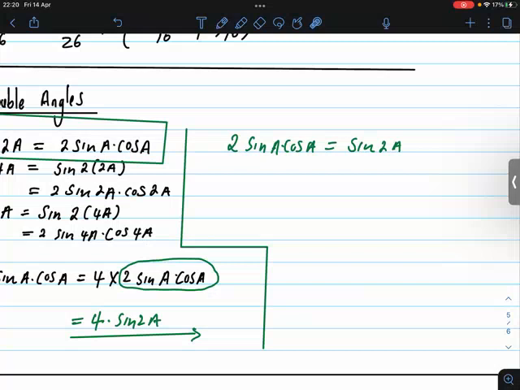Yes, sir. But if I divide by 2 both sides, sine A cos A becomes half sine of 2A. Do you guys see that? Because I divide by 2 both sides. So please be mindful of the fact that sine A cos A is half of that.